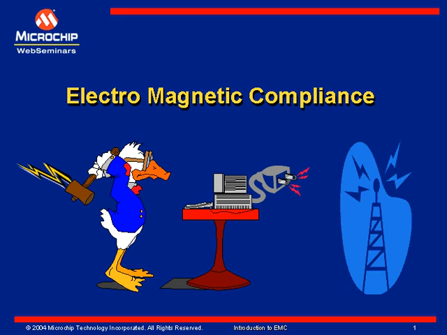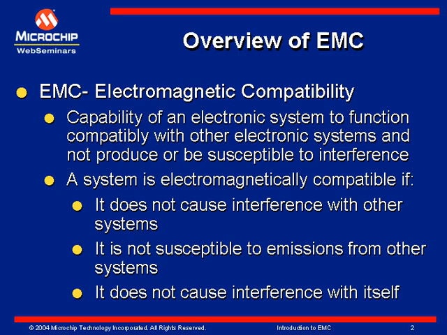Before we start the presentation, we need to understand what EMC is. EMC, or electromagnetic compatibility, is the capability of an electronic system to function compatibly with other electronic systems and not produce or be susceptible to interference.